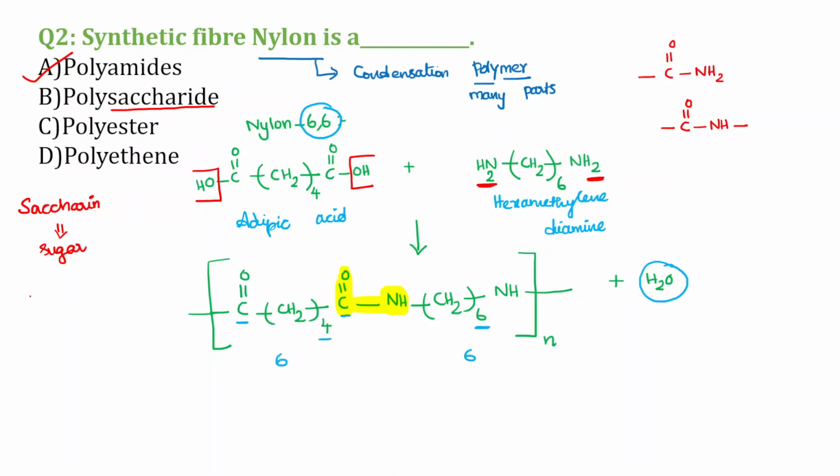For example, cellulose and starch all come under the category of polysaccharide. Starch in turn comprises two components: one is amylose and the other is amylopectin.